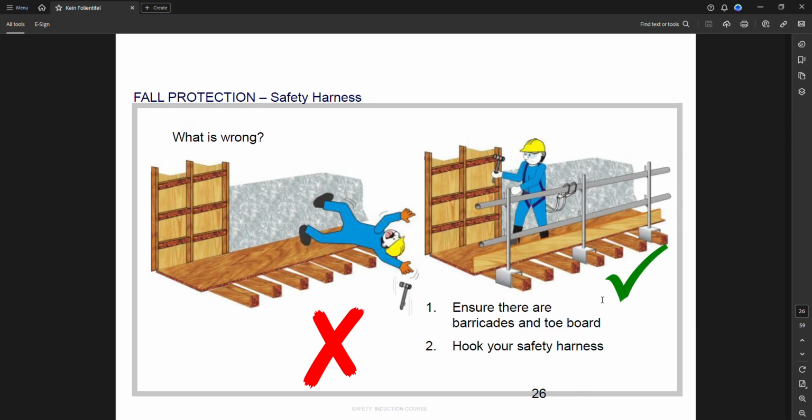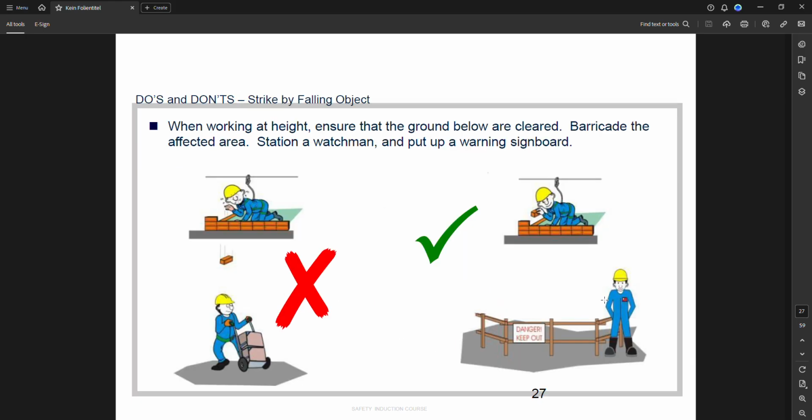What is wrong in this picture? The person fell down because of no barricade and toe board. When working at height, ensure the ground below is clear and barricade the affected area, like in picture number 2 here.